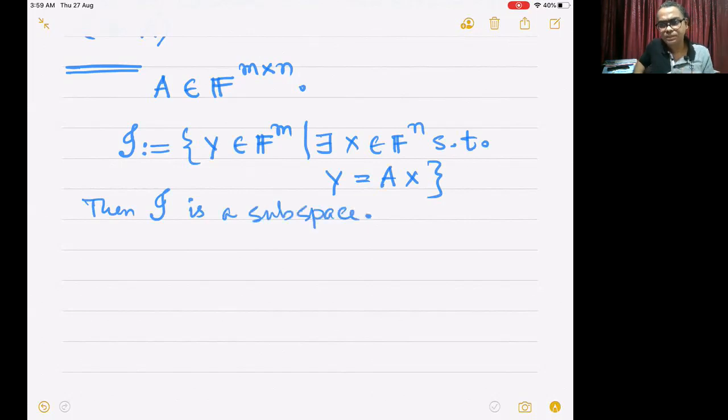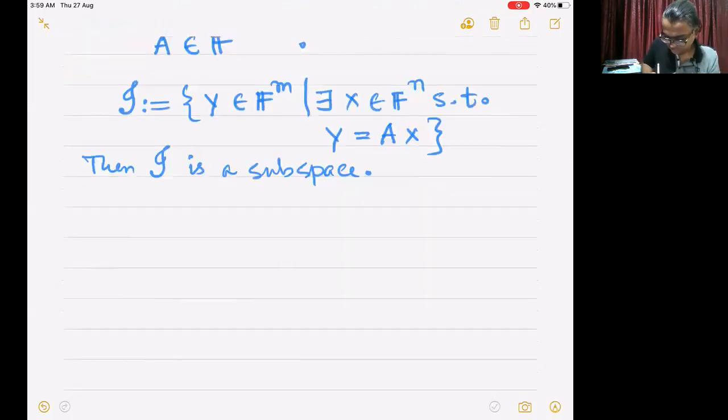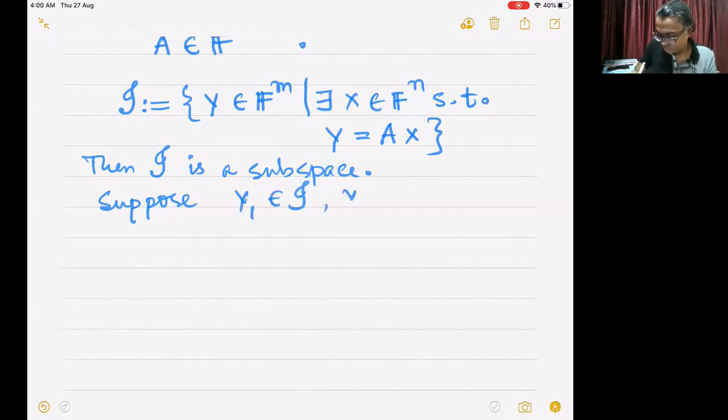Once again, let's do a quick check. So suppose y1 is in I, y2 also is in I, and alpha in F is arbitrary.